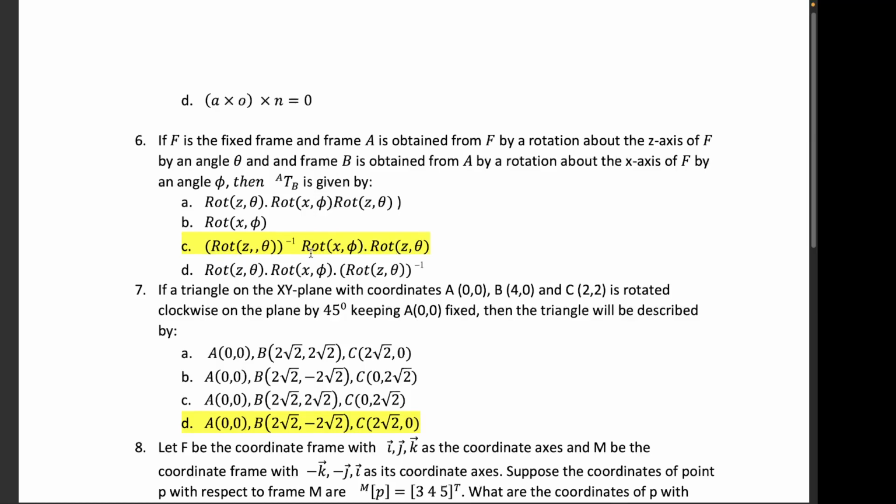If we compare the options here, this option is R1 inverse R2 into R1. This will give us the transformation from frame A to frame B.